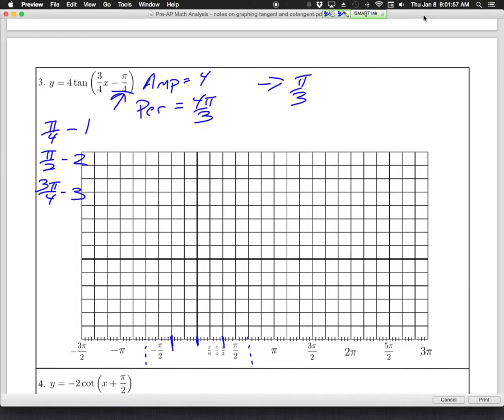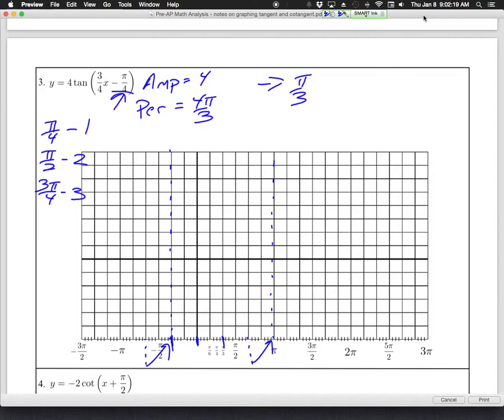Okay, and how much do I want to move them? I want to move them 1 period mark to the right. So I'm going to take this one on the left, and it's going to move to there. So that means I've got an asymptote there, and I'm going to move this one over to there, and I've got one there.